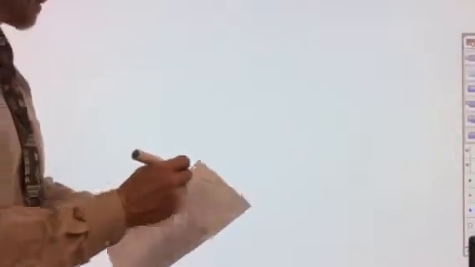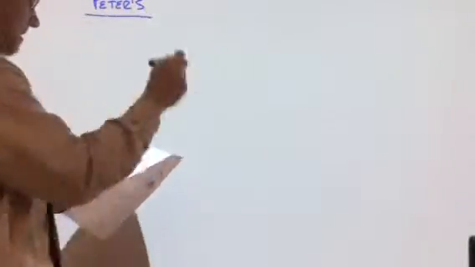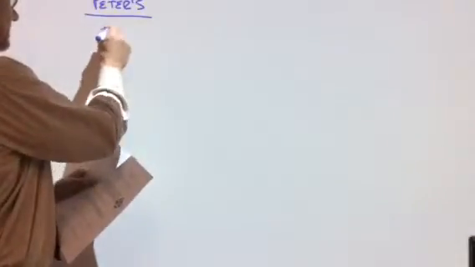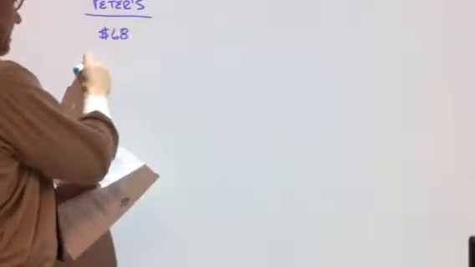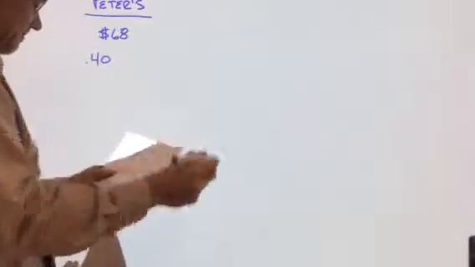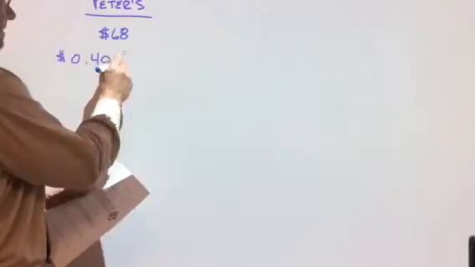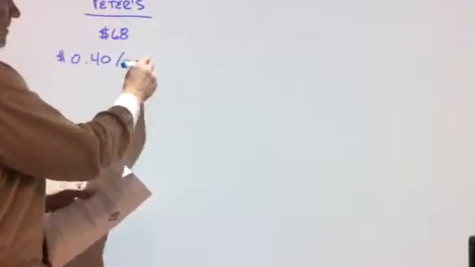And we had a trucking company called Peter's Pickup, and they charged a flat fee of $68, and then after the $68, it looks like they charged 40 cents every mile.